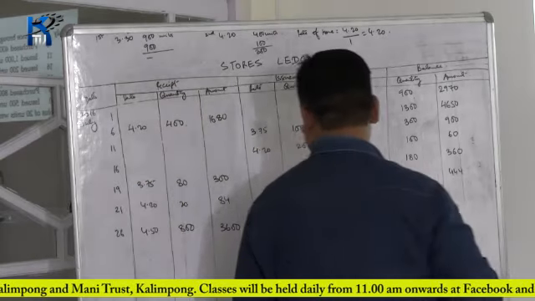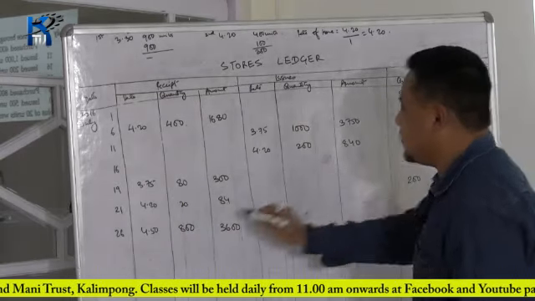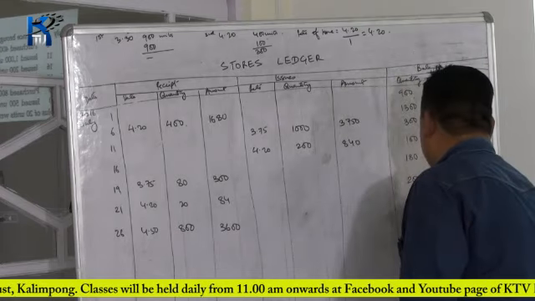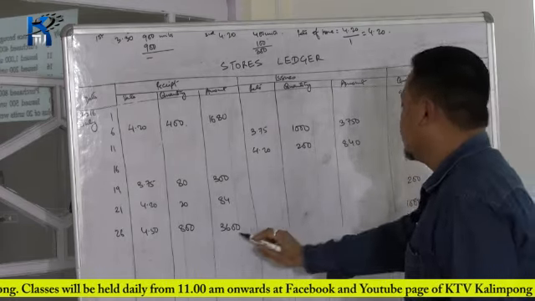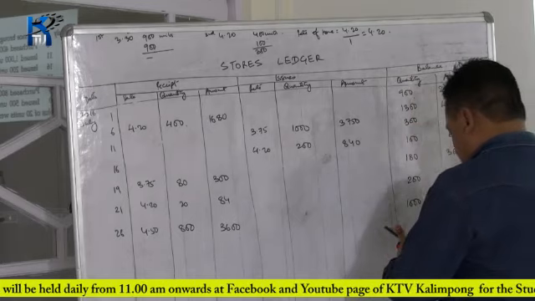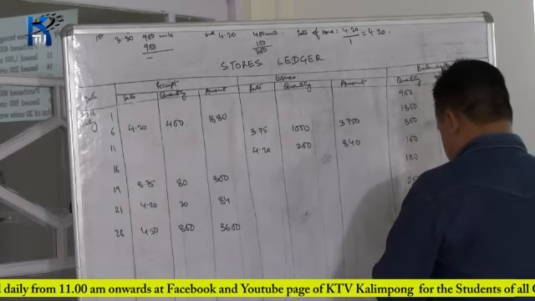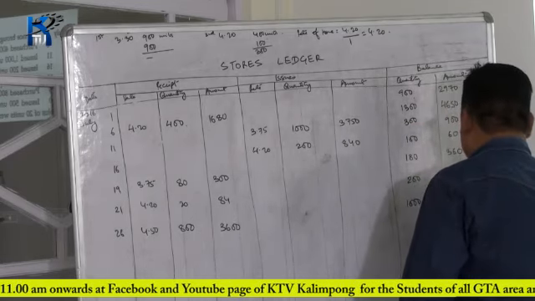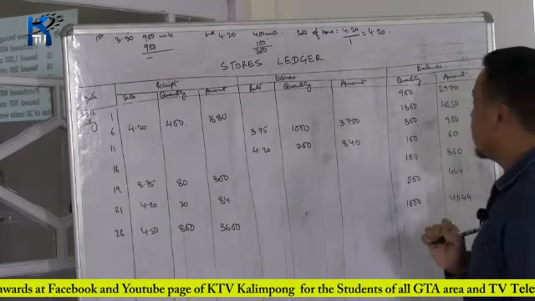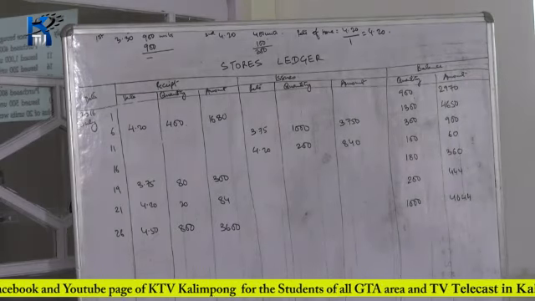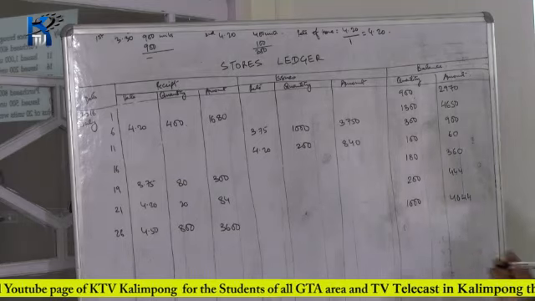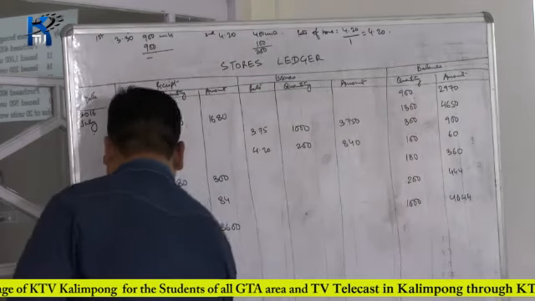The balance at the end of the day is 200 plus 800 units, total 1,000 units, 3,600 plus 444 amounts to 4,044 rupees. Now on the last date, on 30th, there has been an issue of 500 units.